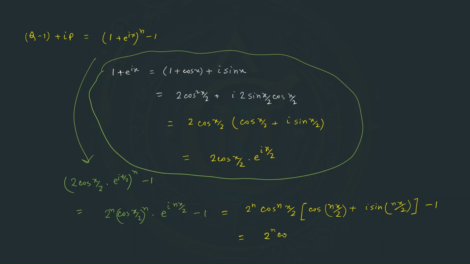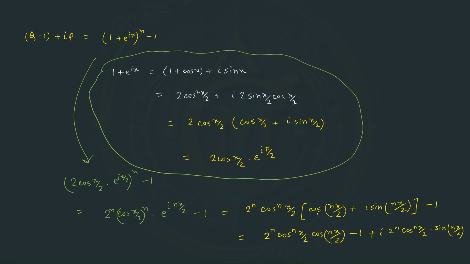So it will become 2 to the power n cos to the power n x by 2, then cos nx by 2 minus 1 plus iota times 2 to the power n cos to the power n x by 2 times sine of n x by 2.